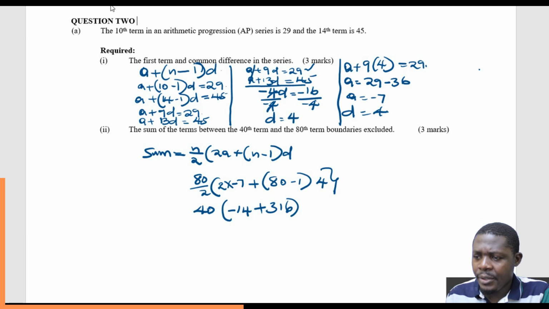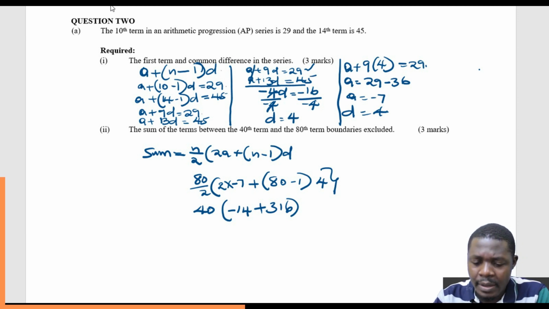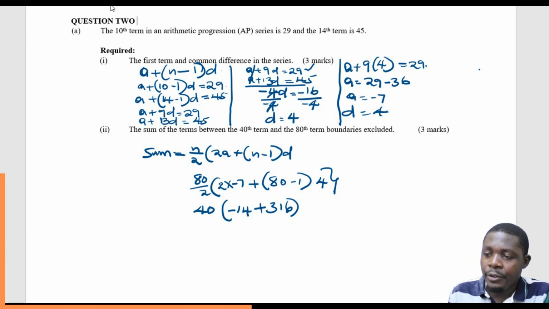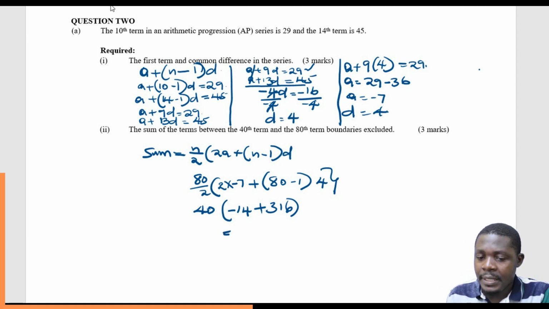Now we have 316 minus 14, because it is negative 14, which gives 302, which we multiply by 40. When you evaluate the entire expression, you get 12080.